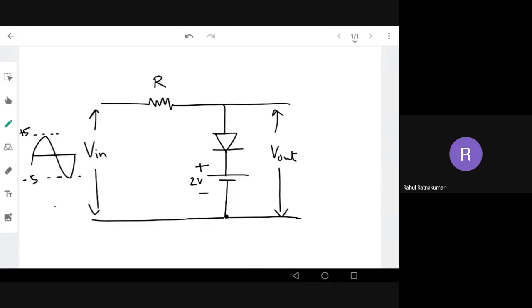V out with respect to time is called the waveform. What is the output waveform? Then the question is, what is my V out versus V in? That is called the transfer characteristic. What is the transfer characteristic? We give some input, we get some output, so the input is transferred to the output. Transfer characteristics means output with respect to input, V out with respect to V in.